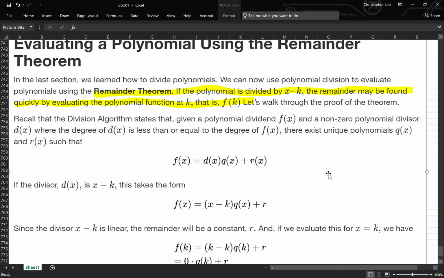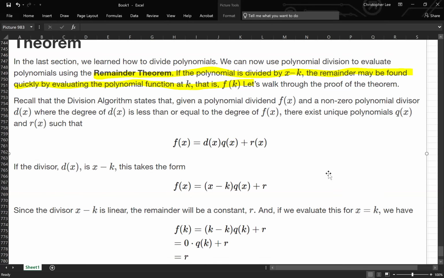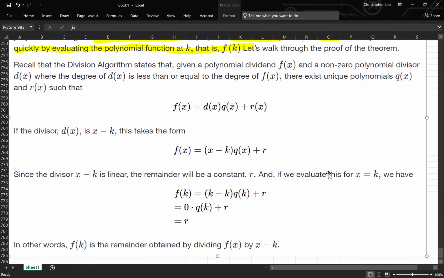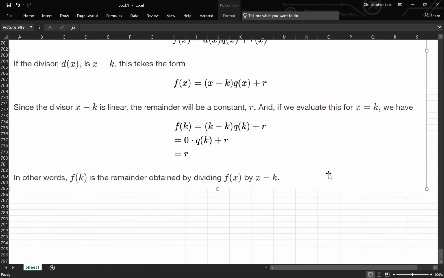Also, if we evaluate for x equals k, we have f of k is equal to (k minus k) q of x plus r, which is 0 times q of x plus r. In other words, f of k is the remainder obtained by dividing f of x by x minus k.